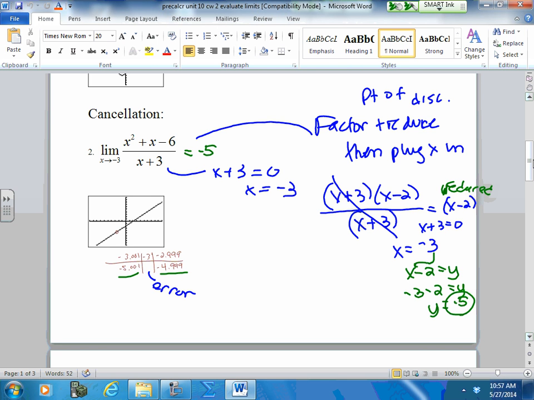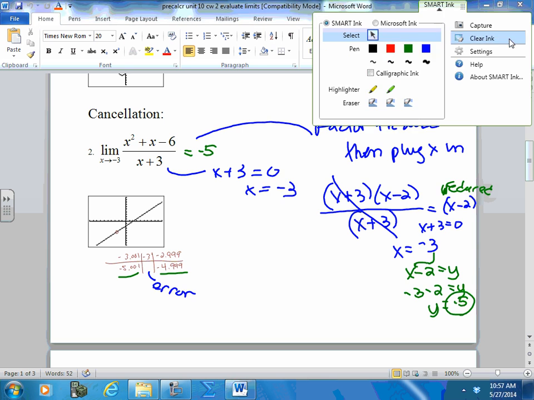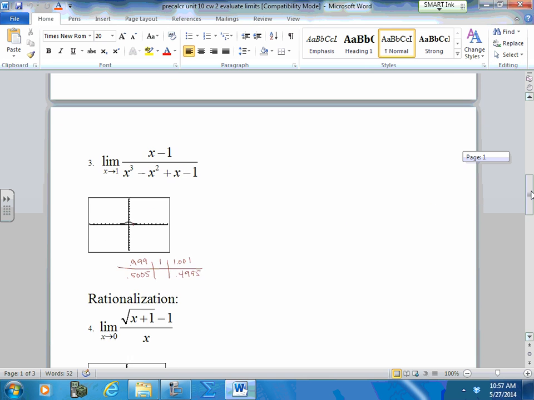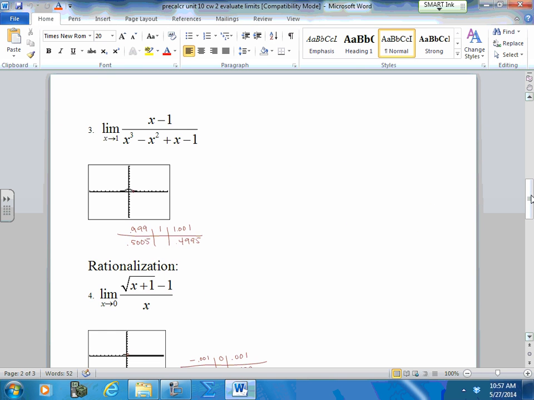So my limit as x approaches -3 is equal to -5. It's your y value. Remember doing the point of discontinuity like this? That's a while ago. You're going to have to remember those anyway, because that's going to be on your final as well. Now, here's another cutie.